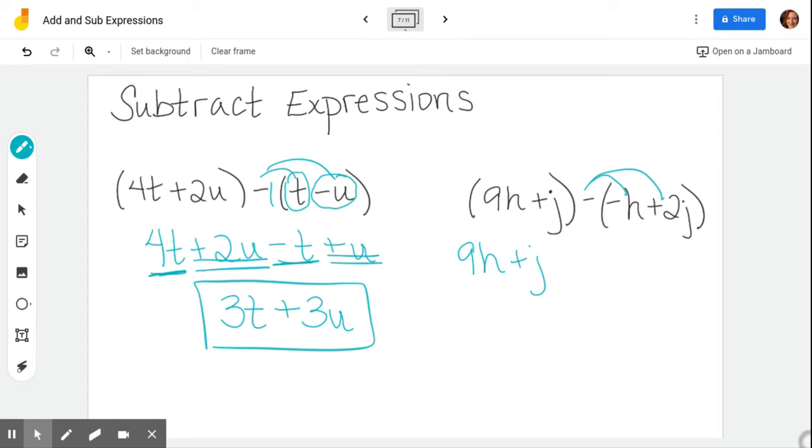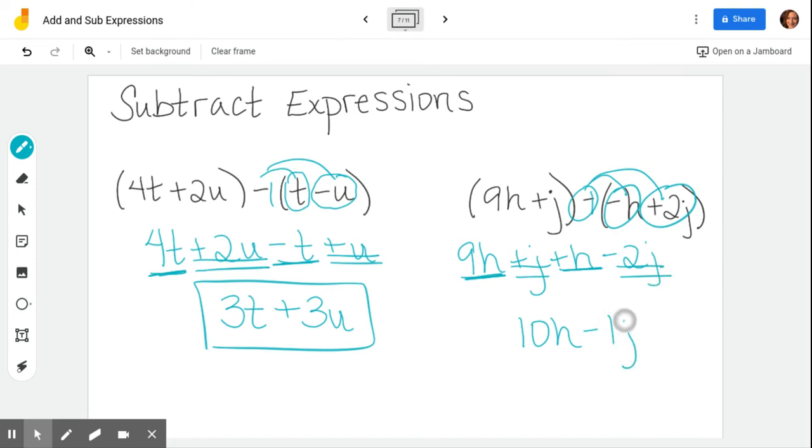Think of it as distributing a -1 times -h and a -1 times +2j. -1 times -h, or change the sign, that becomes a +h. -1 times +2j, or change the sign, that becomes a -2j. 9h plus h is 10h. Plus j minus 2j would be a -1j, or just minus j. It's the same thing. You can write it either way.